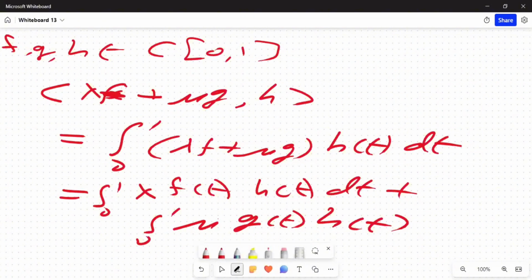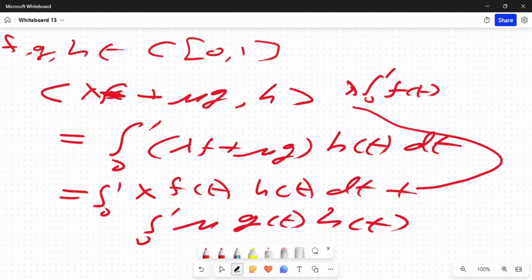This lambda can go out, so the whole of this translates to lambda integral 0 to 1 of f of t h of t. While the whole of this one translates to mu can go out. So mu integral 0 to 1 g of t h of t, right?